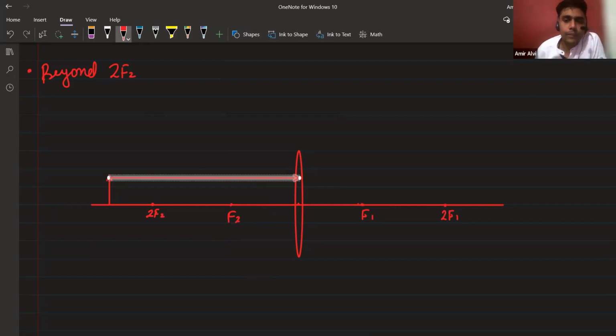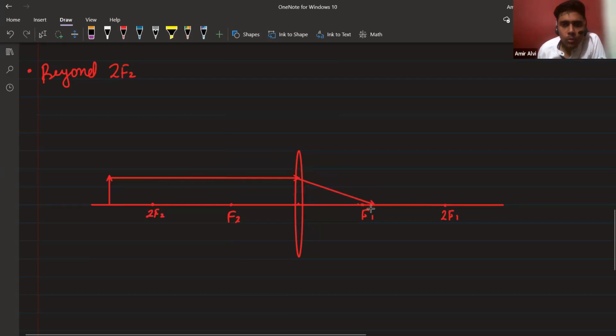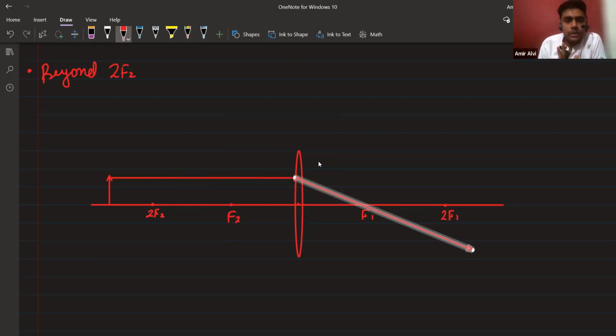Yes or no? Everybody? Yes. So this ray will pass through the focus, yes or no? So this ray has passed through the focus. Clear? Now tell me what should be the other ray?